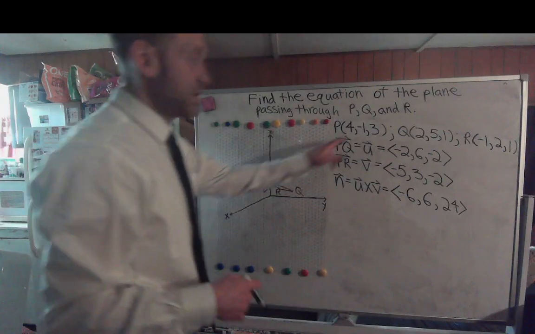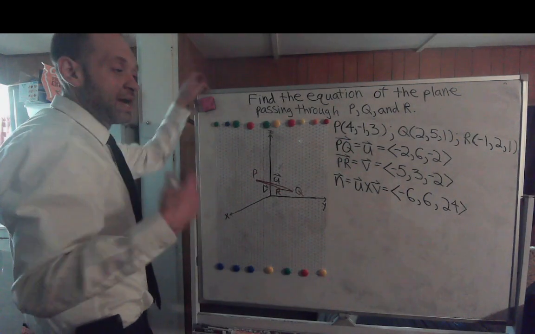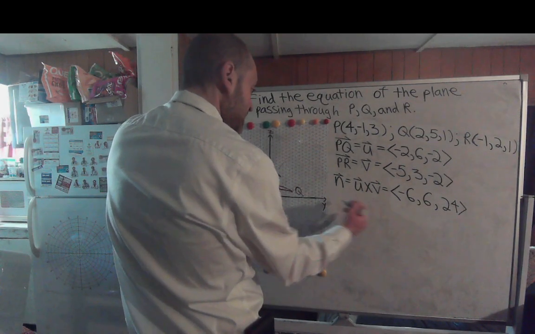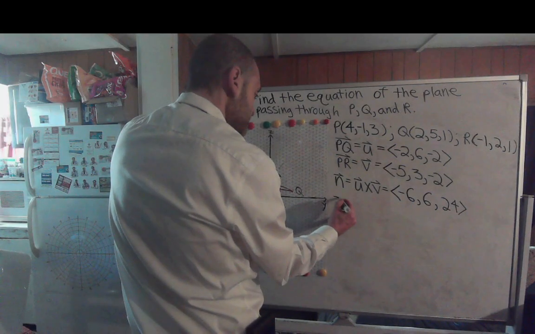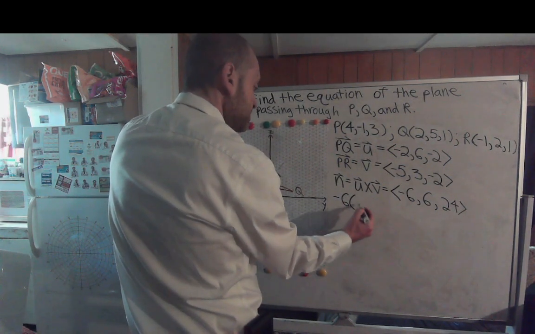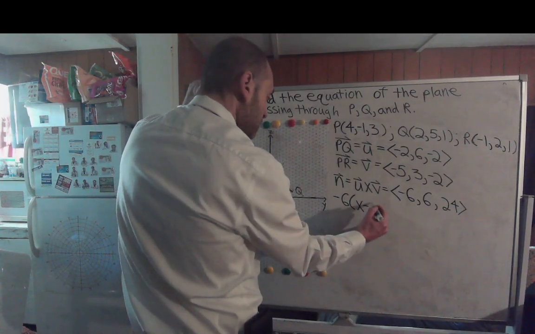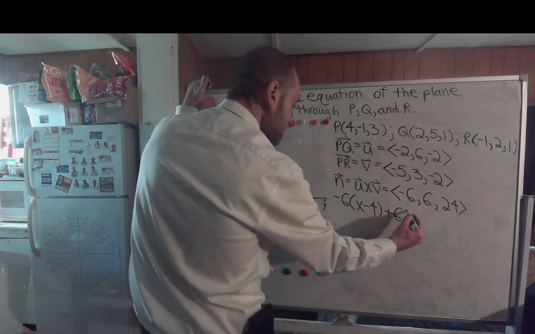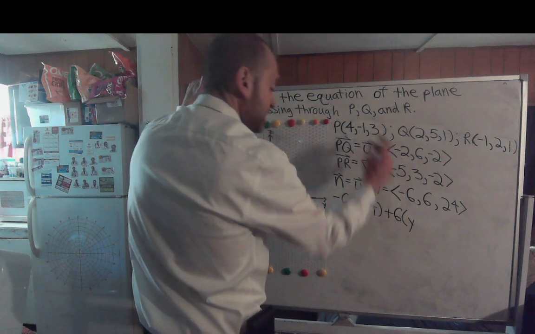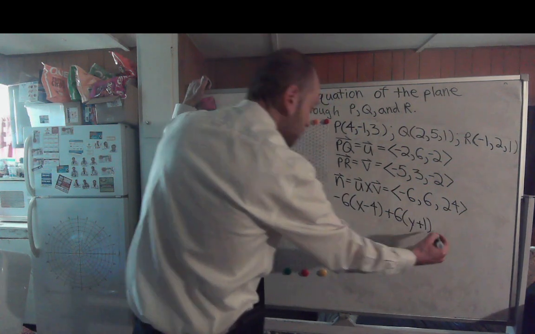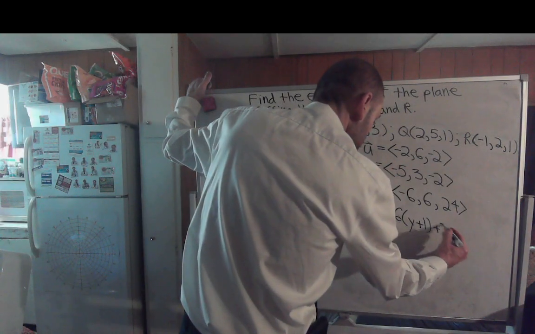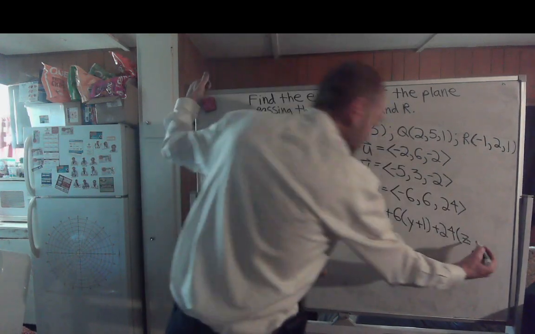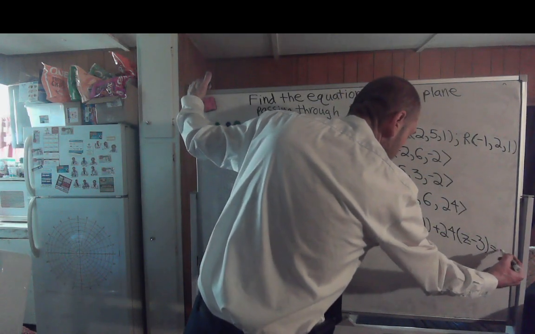Traditionally, we go with point P for our x sub 1, y sub 1, z sub 1. So let's take that direction number of negative 6 for the x component times the quantity of x minus 4, plus 6 for the y component times the quantity of y minus negative 1, so that'd be y plus 1, plus 24 for the z component times z minus 3, set all that equal to 0.